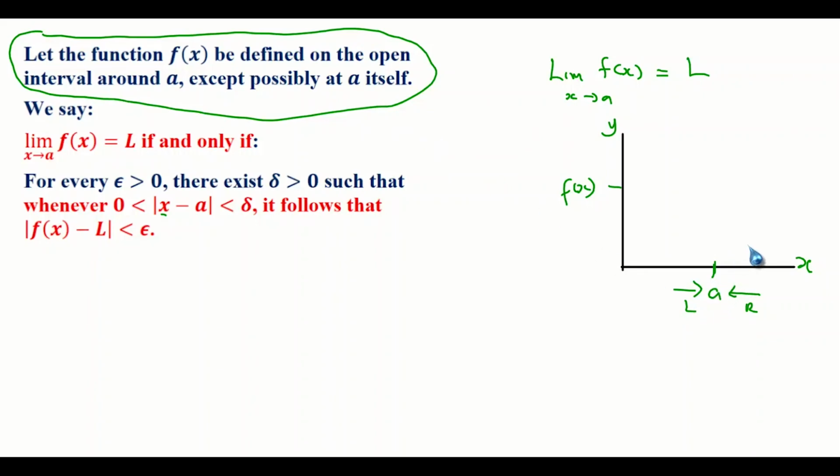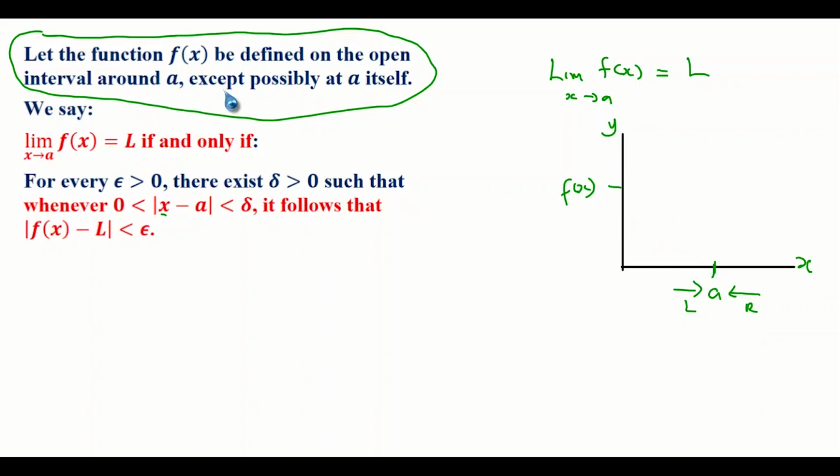If the function is defined at a, that means f of a and the limit of the function will be equal. That's the implication. But if the function is not defined at a, the limit of the function and f of a will be different. That is just the difference between the two.